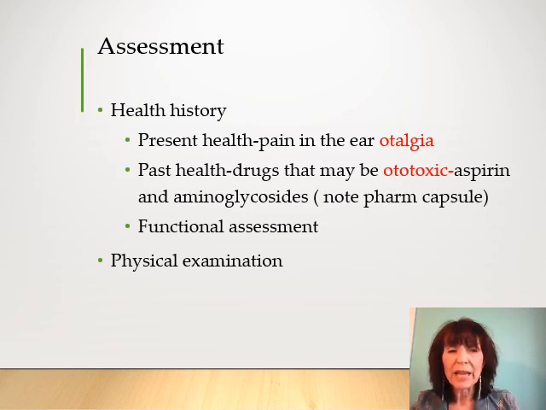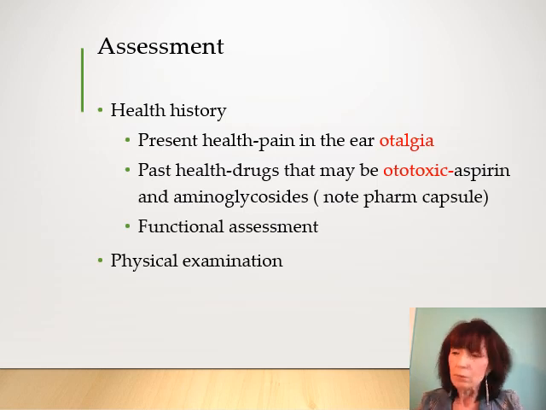Now, aminoglycosides. And I say here, note your pharm capsule. So what page is that on? Should have had that marked. I thought I did. So the pharmacological capsule is some drugs, and this is right after the health history portion.